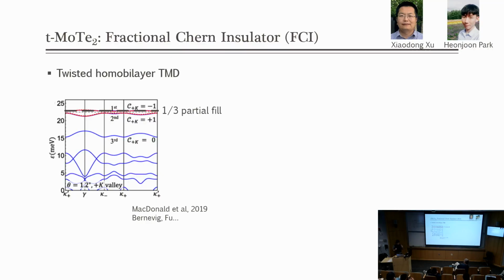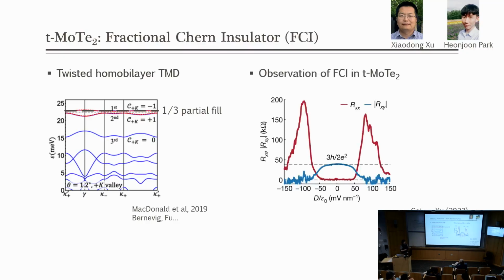And when you meet that very stringent criteria, and you have a non-zero Chern number, then at 1/3 partial filling of the whole state of a twisted homobilayer TMD, the layer coupling gives you this skyrmion lattice, where non-trivial topology as well as strong correlation coexist. And that coexistence eventually led to the observation of fractional Chern insulators in twisted molybdenum telluride.